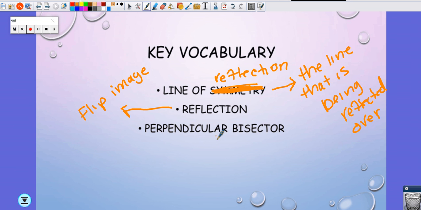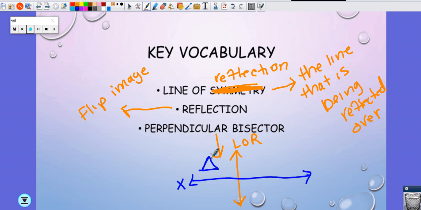A perpendicular bisector is, okay, let me give an example. If this is my axis of symmetry, my line of reflection, I'm going to call that short line of reflection. Let's say I have a figure that I'm going to reflect, and I'm going to call this the x-axis right here. I have a figure that I'm going to reflect over that line.